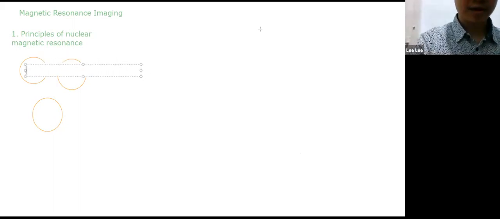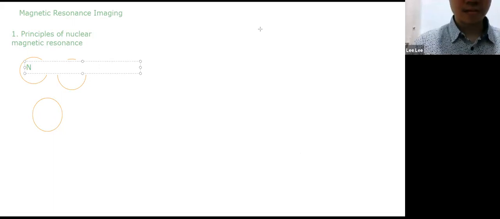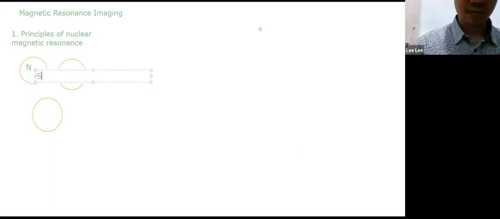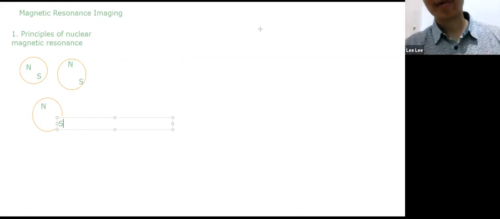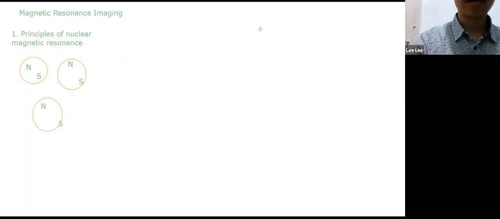So the north and south are randomly placed. So you learned already in chemistry, right? Inside our body, what do we have? We have hydrogen atoms, right?